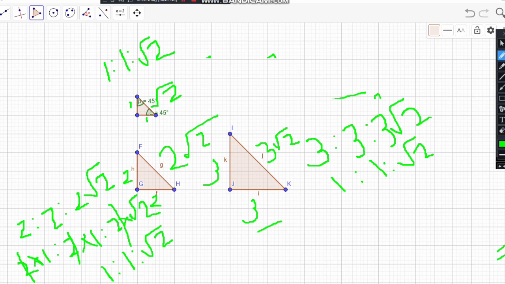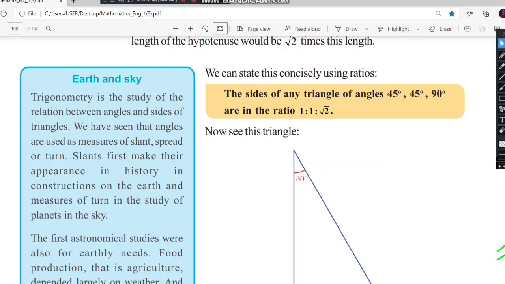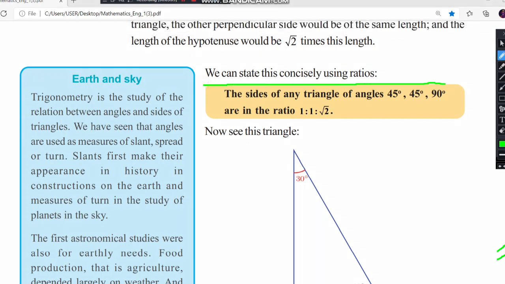So here we have the result: the sides of any triangle with angles 45, 45, 90 are in the ratio 1 is to 1 is to root 2.